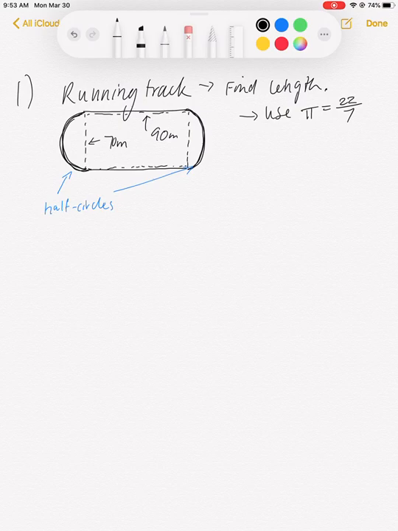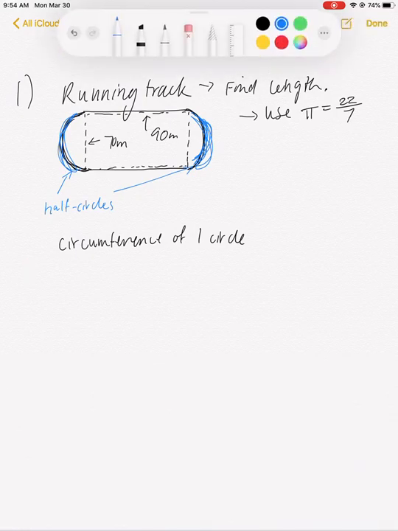We need the circumference of one circle, because these are two halves. We have this half and this half, so we find the circumference of one circle, and that takes care of both halves.